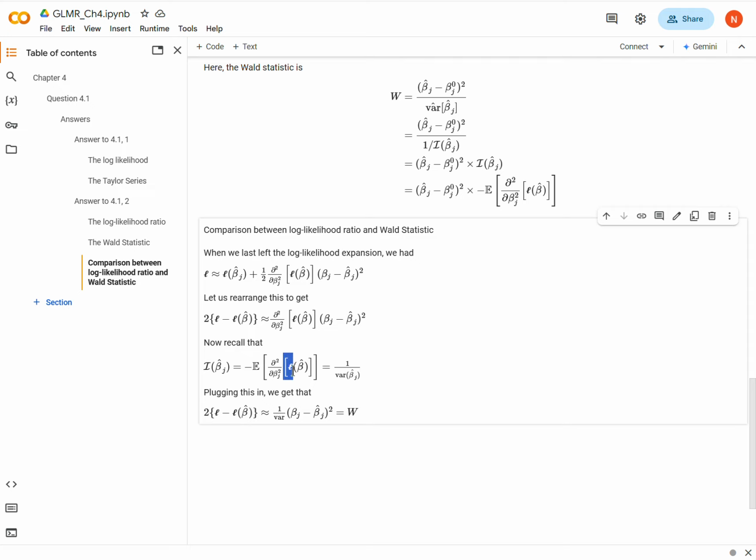So this inside this big bracket we have right here. Well, now this term right here is 1 over the variance of beta j, and so we can substitute 1 over the variance of beta j for this and get this, which is our Wald statistic. Okay, so I think that's what we're meant to show.